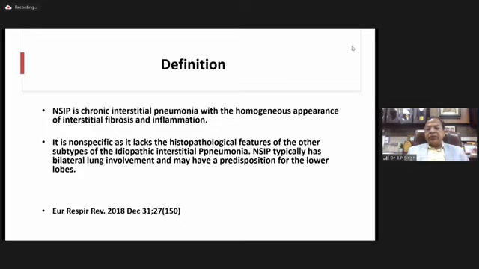NSIP is a chronic interstitial pneumonia with a homogeneous appearance of interstitial fibrosis and inflammation. There are two cardinal features: it is non-specific, and it lacks the histopathological features of the other subtypes of idiopathic interstitial pneumonia. NSIP typically has bilateral lung involvement and may have a predisposition for the lower lobes.